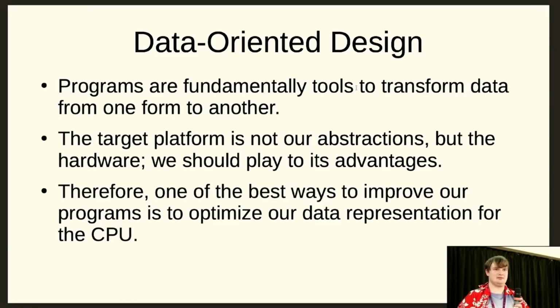When we're writing structs and things like that, that's not what the hardware is doing. And the hardware is ultimately what we should be writing our code to run for. If the abstractions we write don't lead to code that's performant, maybe it's just a bad abstraction. And so one of the most interesting things to look at is our data layout, because data is the most important thing in a program.